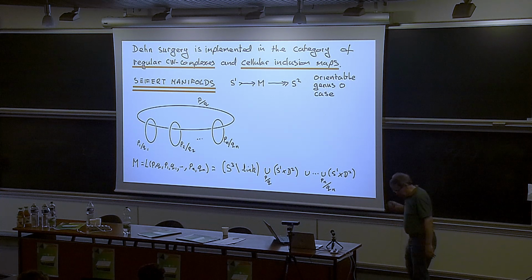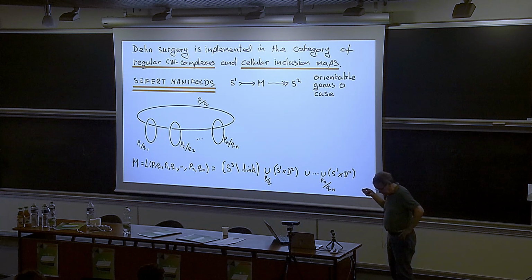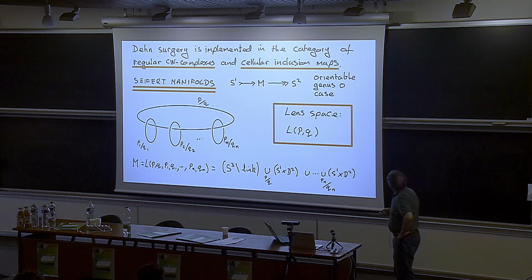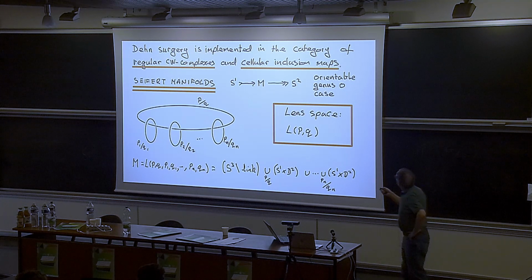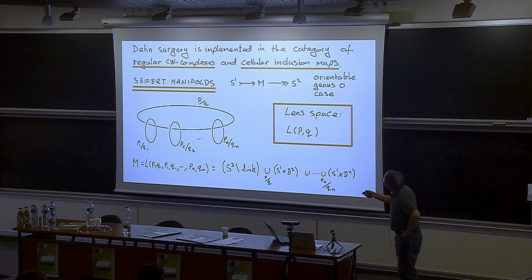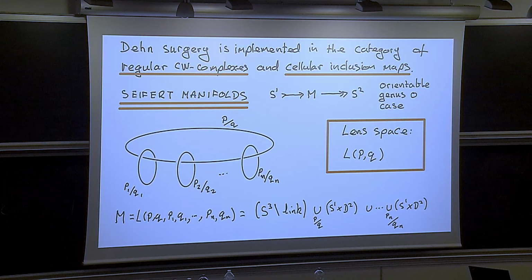And there are some papers calculating cohomology rings of Seifert manifolds and so on. So we thought it would be good to see, is this doable in GAP? I'm going to focus on the special case because historically this special case has been of interest. I'm going to talk about lens spaces. So a lens space is the easy case where we just have a trivial knot and no links.